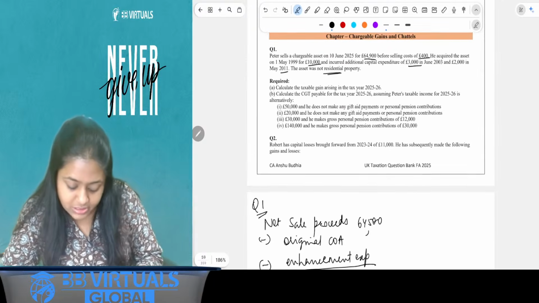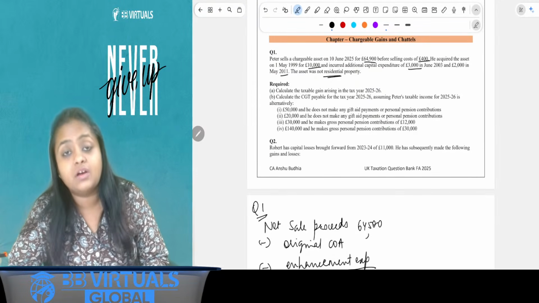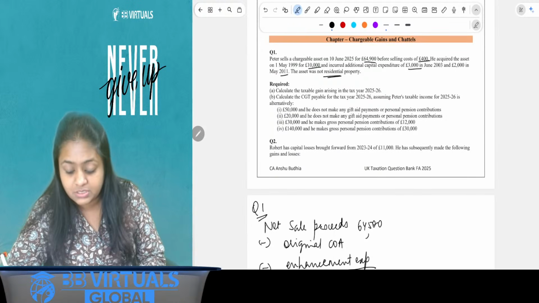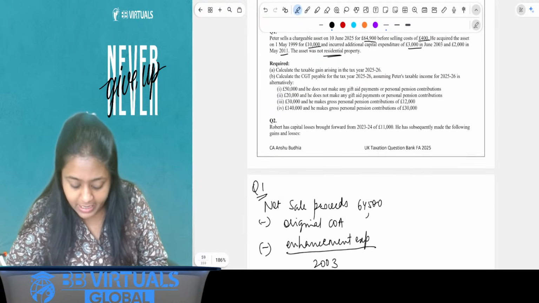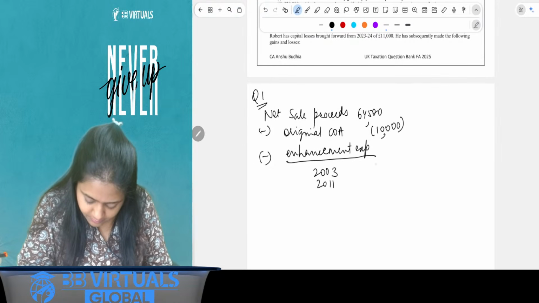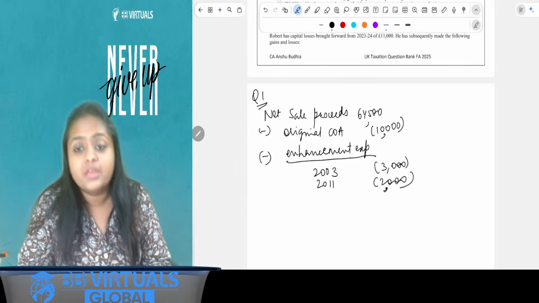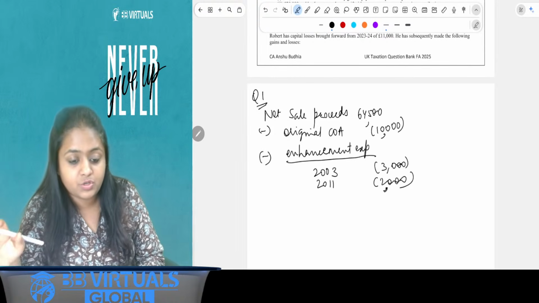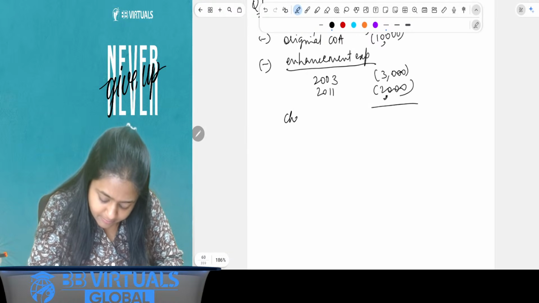What is the original cost? 10,000, it is given to you here, and 3,000 is the expenditure in 2003 and 2,000 in 2011. So let's reduce 10, 3 and 2. Now we have reduced 10, 3 and 2. Now let's calculate the chargeable gains.